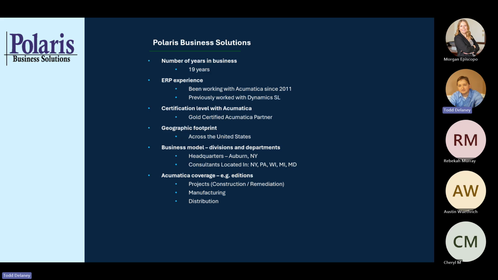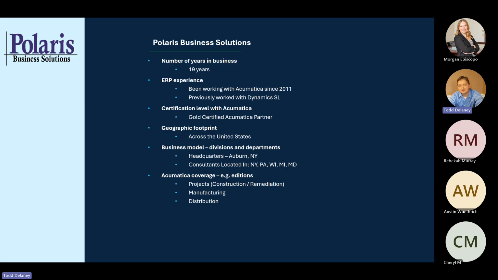Polaris Business Solutions, again, if you're not familiar with us, we've been in business for 19 years, coming up close on our 19th anniversary. We've been working with Acumatica since 2011 and been dealing with ERP for the 19 years that Polaris has been in business. And I've been doing ERP even longer than that.